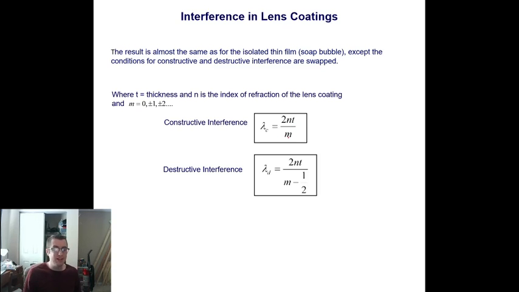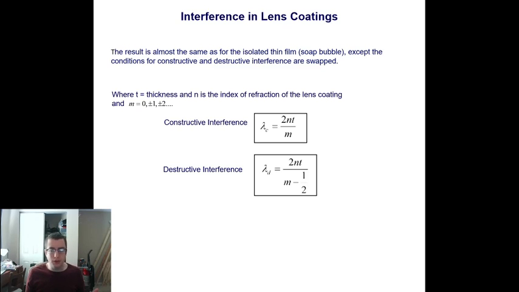We don't want that 1/2 because they already should be in sync with each other. We don't have to adjust for the fact that one of them flipped, because since both of them flipped, they're basically doing the same thing. They're just both upside down if you want to look at it that way. With destructive interference then, we're going to have that 1/2 because we need to shift them 1/2 wavelength completely out of phase in order to get that to happen.